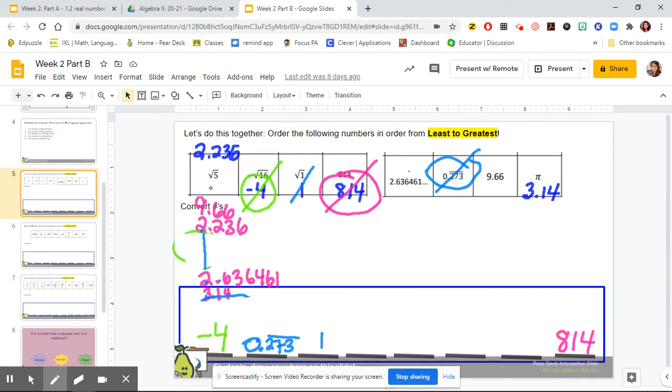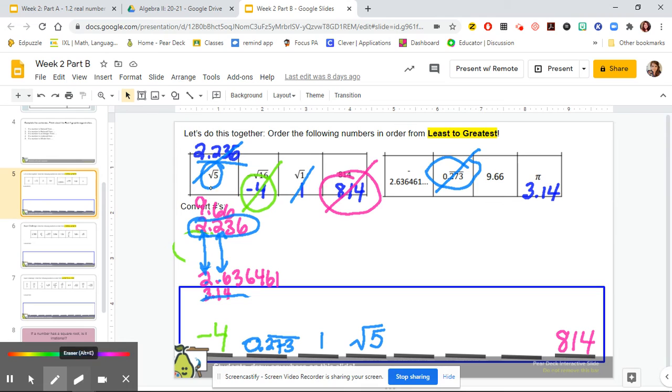They both have a 2. However, if we look at the next number, we have a 2.2 and a 2.6. A 2.2 is smaller, so that's going to be my next number. Now, I did approximate that number. If we look here, it originally was the square root of 5, so I'm going to put that one at the next spot. We're done with that, so I can erase it.